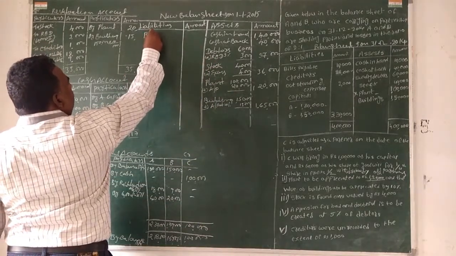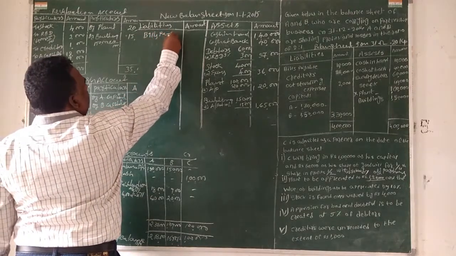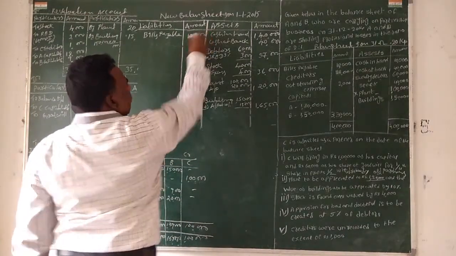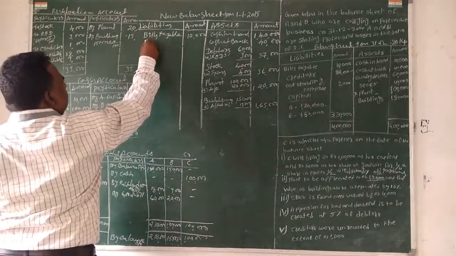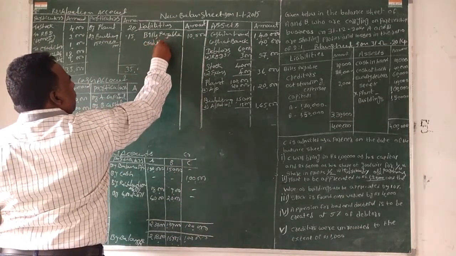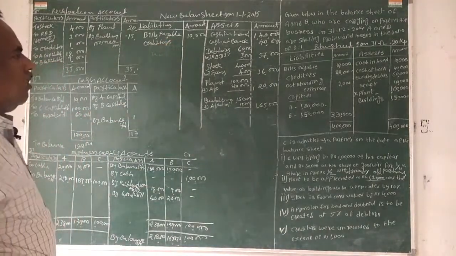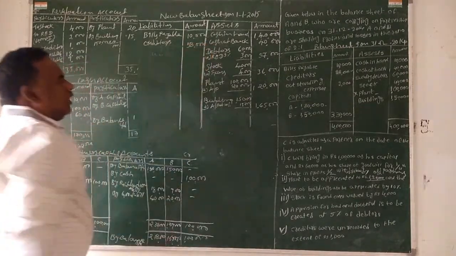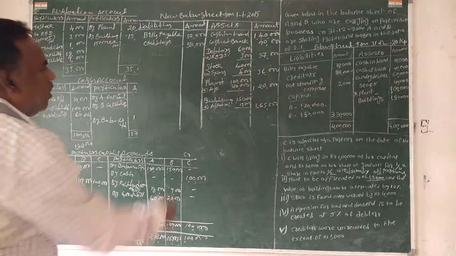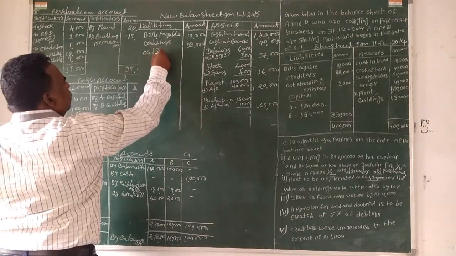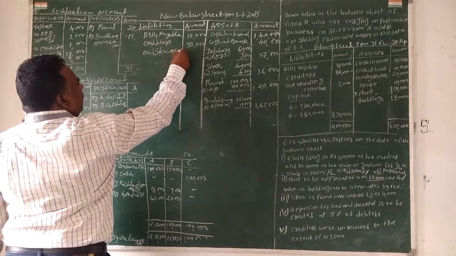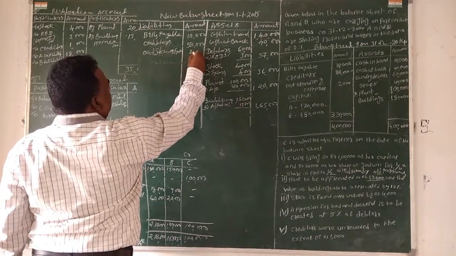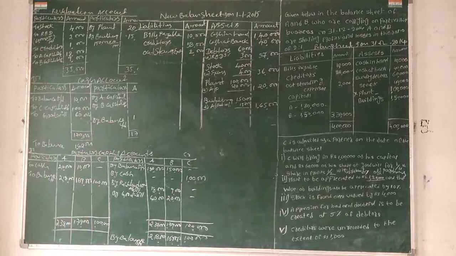Then liabilities. Bills payable 10,000. Creditors 58,000. Next, outstanding expenses 2,000.